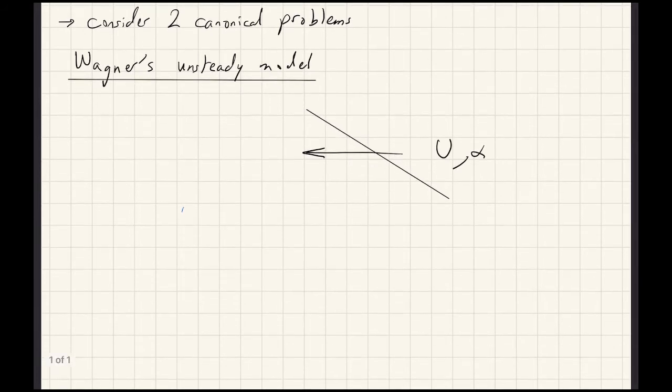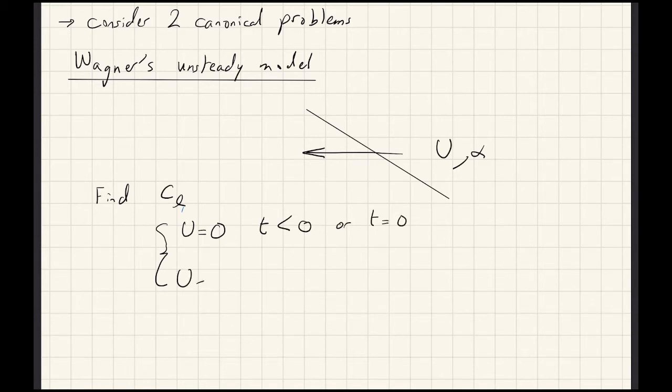So, for instance, we are attempting to find lift for a wing with the following motion profile, where U for the free stream velocity is equal to 0 for any t that is less than or equal to 0, and then U is equal to some constant for t larger than 0.